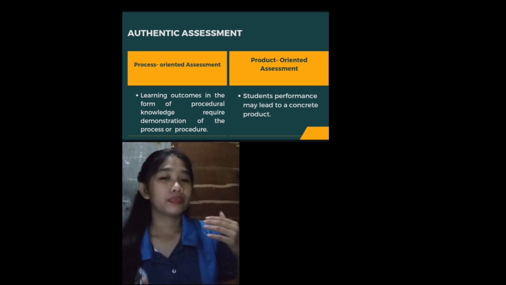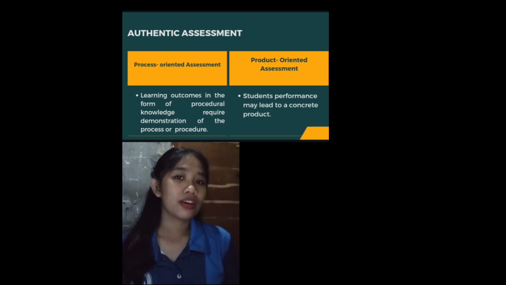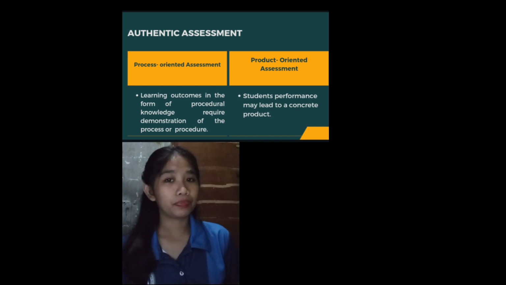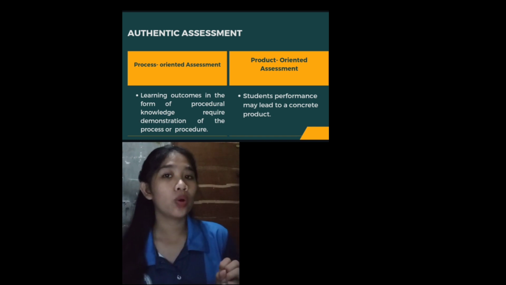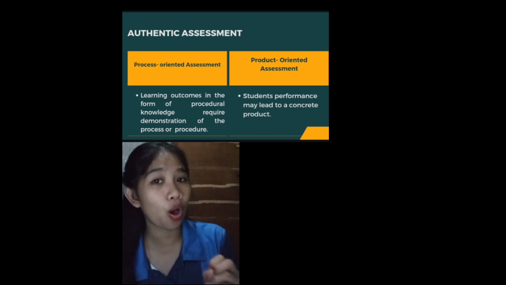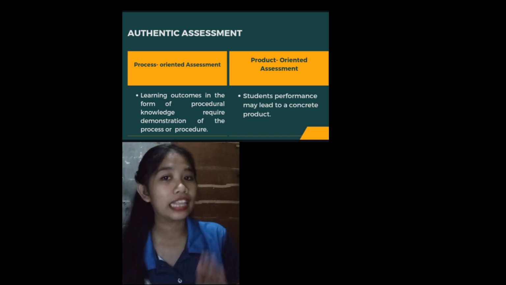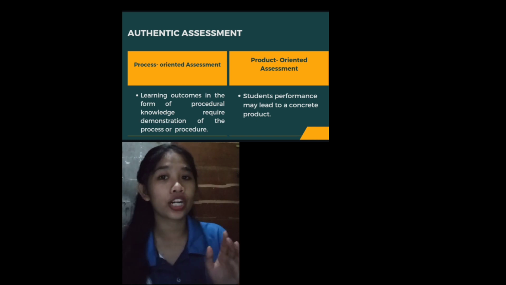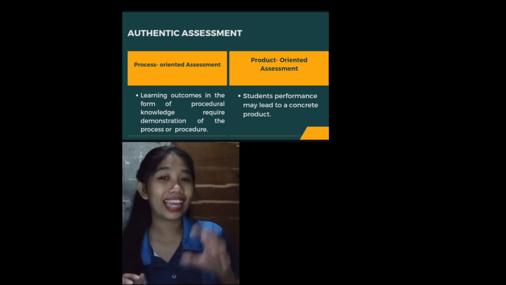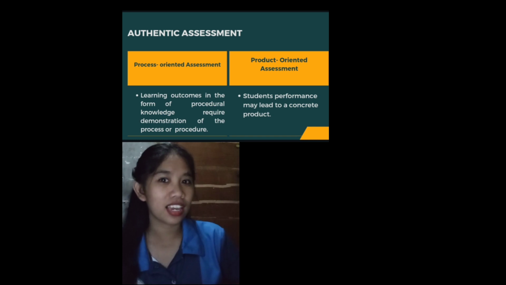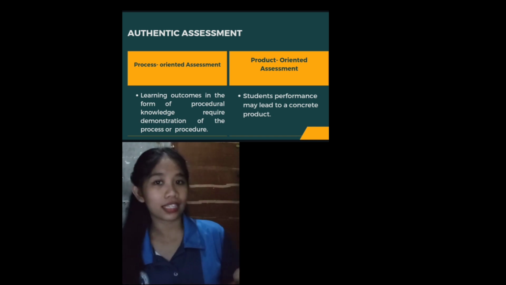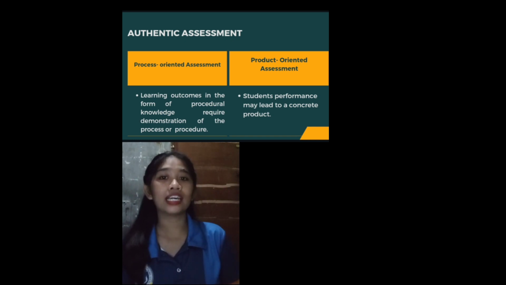And the finale is your students should be able to sing that song by themselves. By that, there is a process or procedure on how they can attain that performance. So there is a procedural process on how to gain that knowledge.